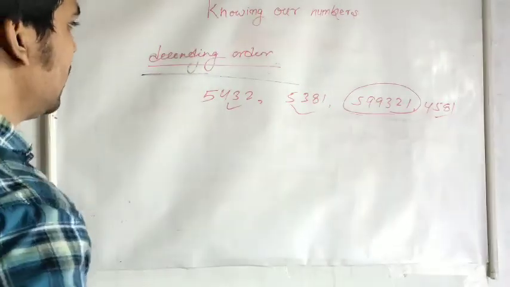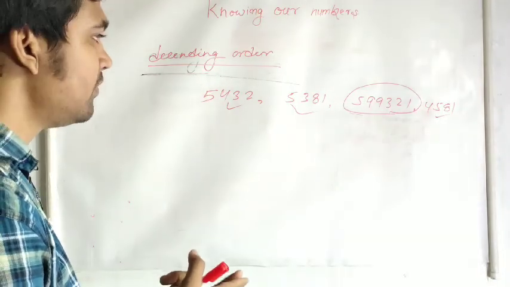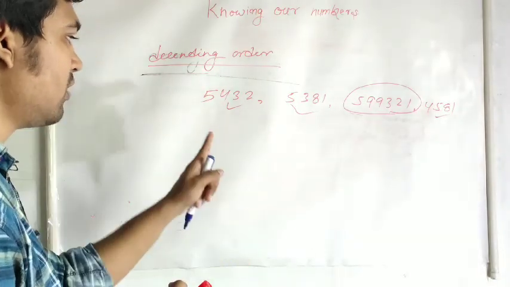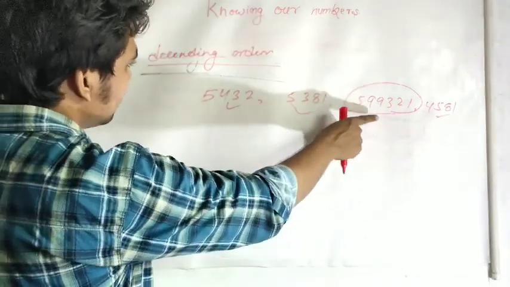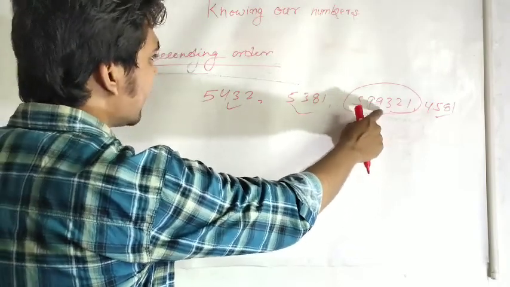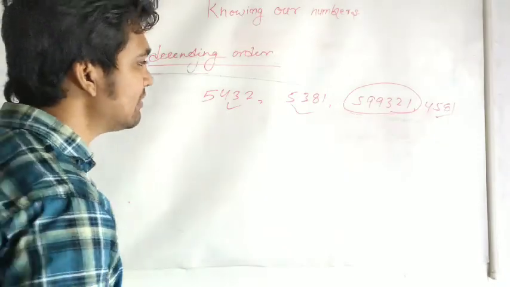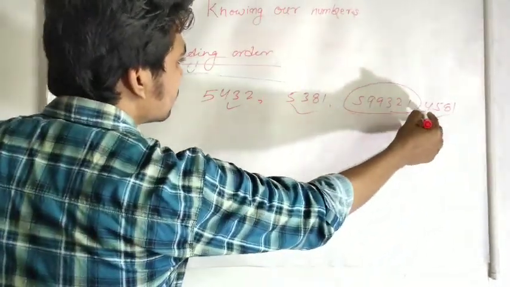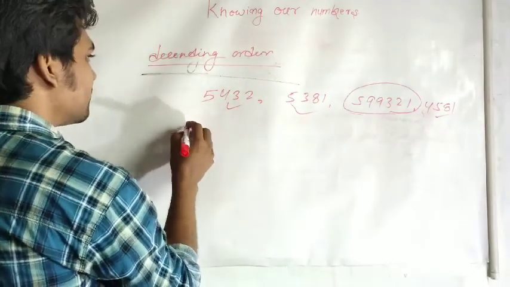So here the process was that we will place the greatest number from the left side. Here is the 6-digit number, so 599321 would be the greater one among these numbers. So we place this number at the left side.